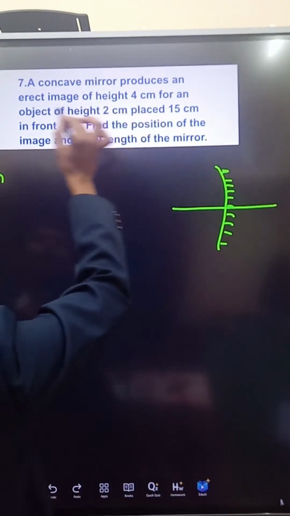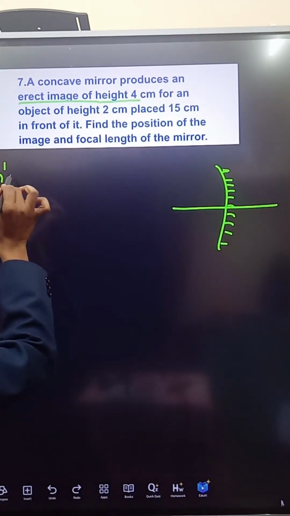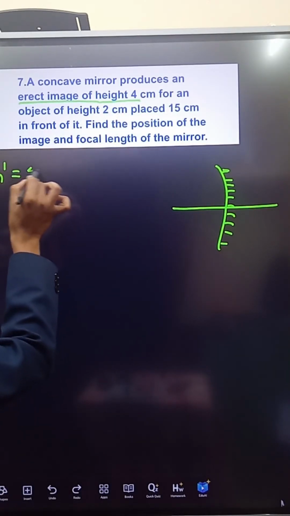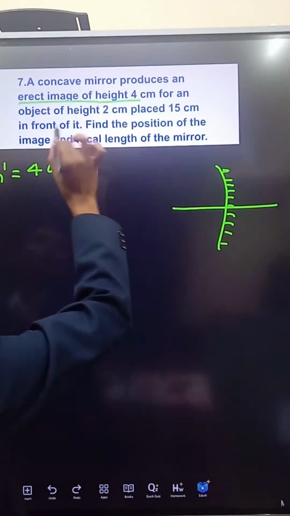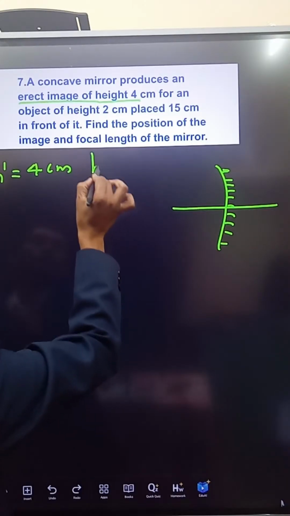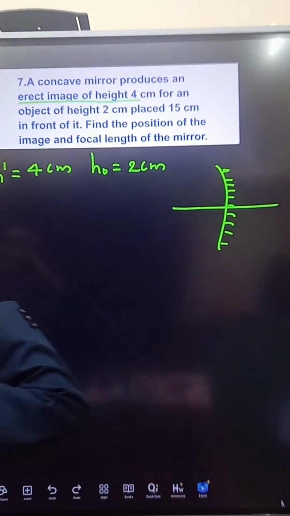An erect image of height means image height, 4 centimeter they have given, right? Then object height, what have they given? That is 2 centimeter, right?